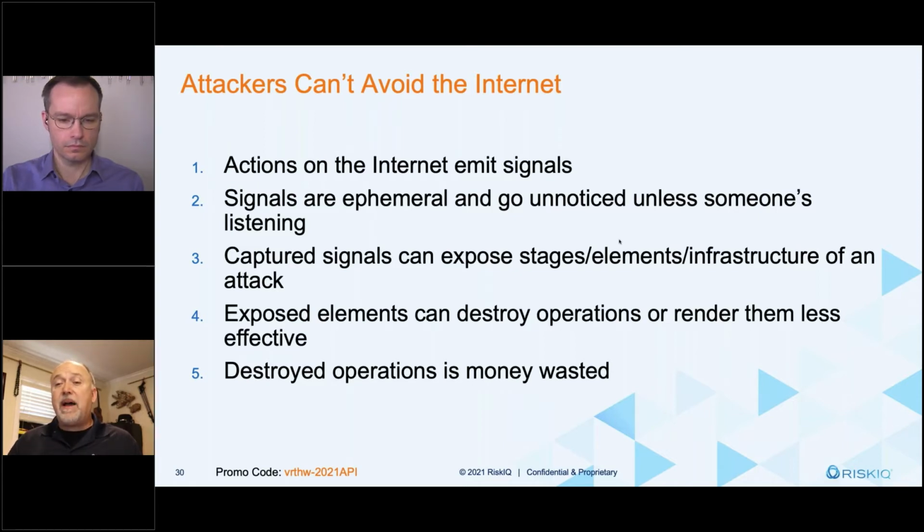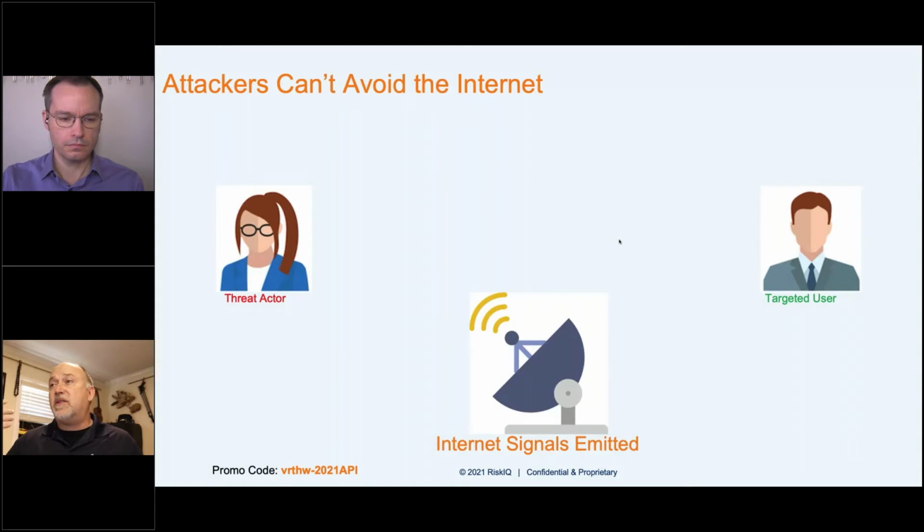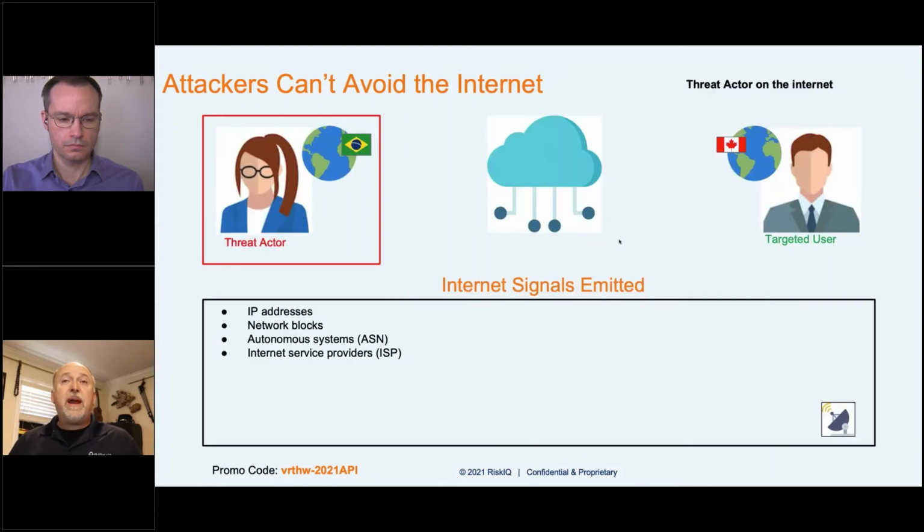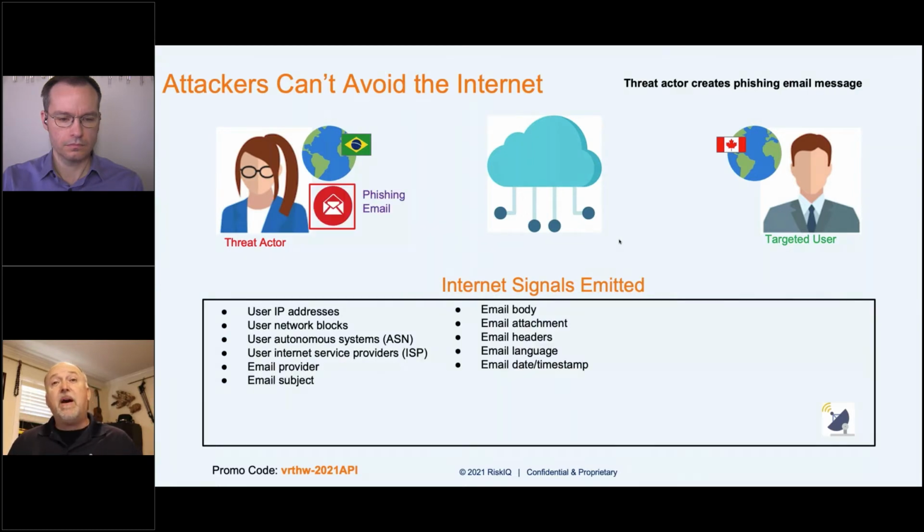So when you think about a threat actor and a targeted user, that threat actor just being on the internet, you'll see an IP address and that block, their autonomous system number, and the internet service provider they're using. If they create an email, you're going to see their email provider. There'll be a subject. There'll probably be a language. You get the date timestamp. You get any attachments. You get all that information.